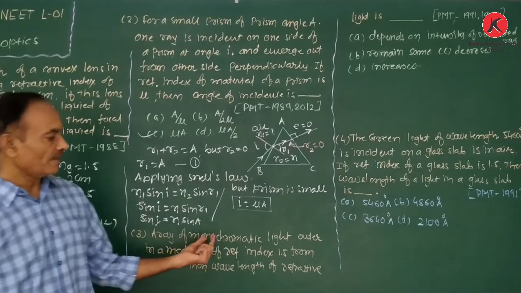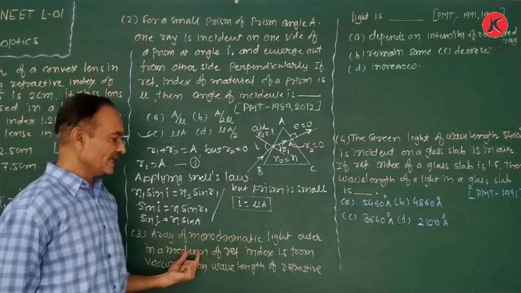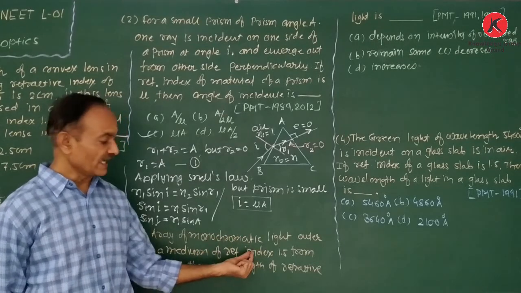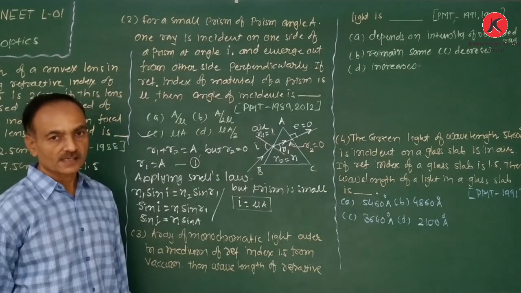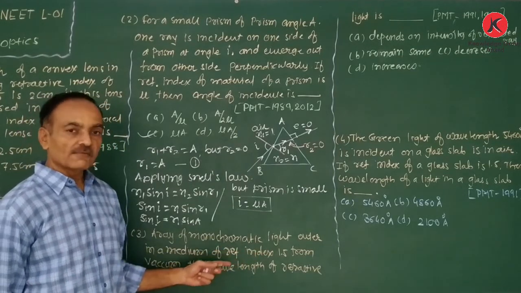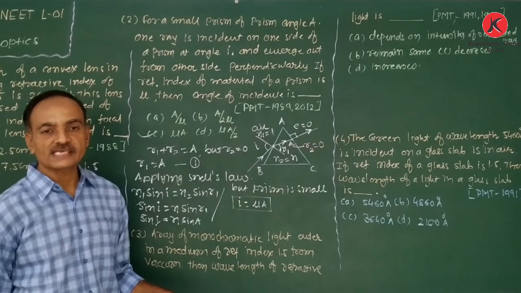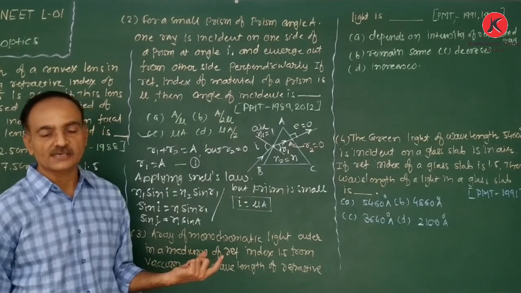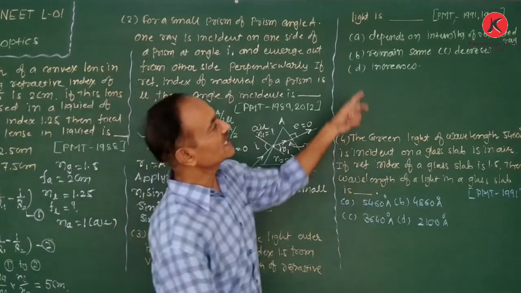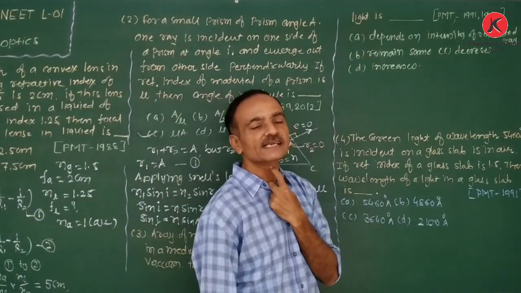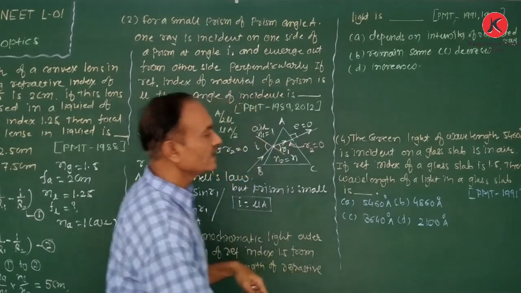One ray of monochromatic light enters from vacuum to the denser medium having refractive index 1.5. This question was also asked 2 times, in 1991 and 1992.